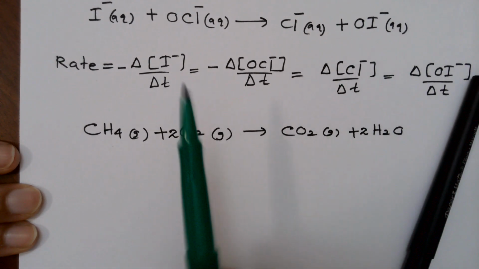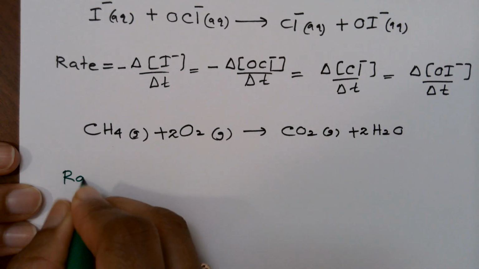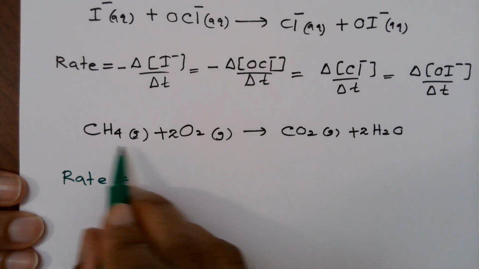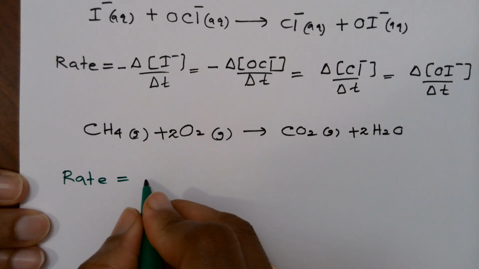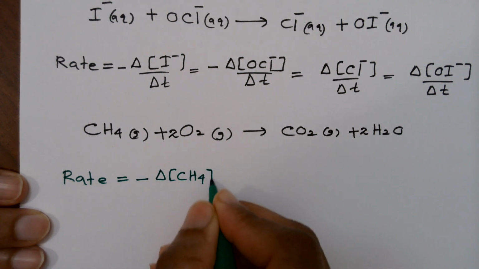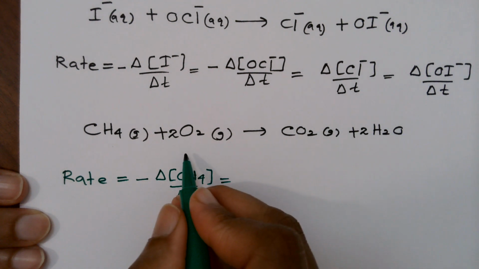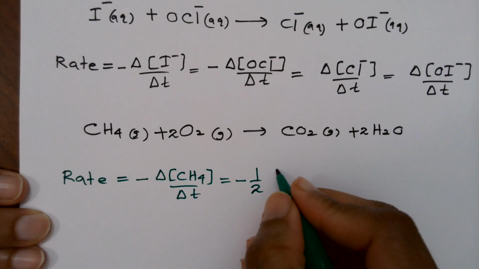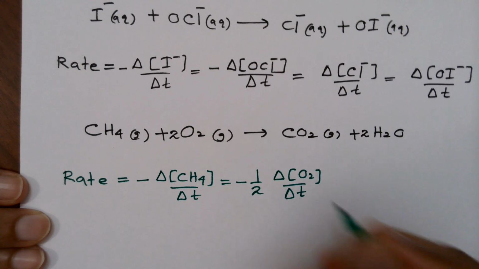Let's write the rate expression for this chemical reaction. Rate equals, we can write in terms of the disappearance of the reactants, that is negative change in concentration of CH4 methane with time, and if you want to write in terms of oxygen, it is negative 1 divided by 2 change in concentration of oxygen with time.